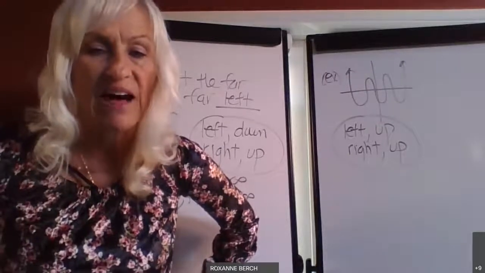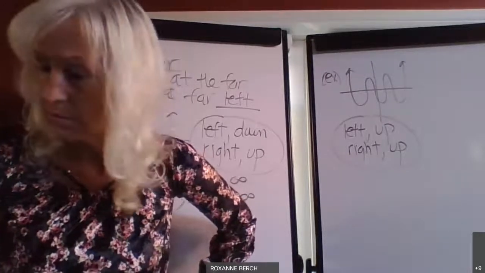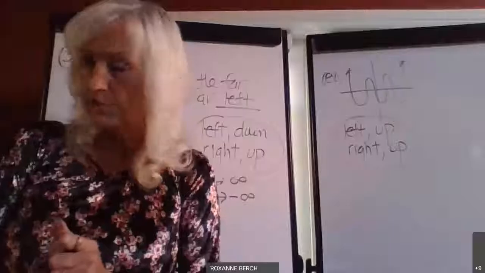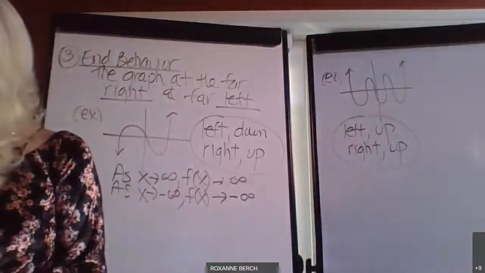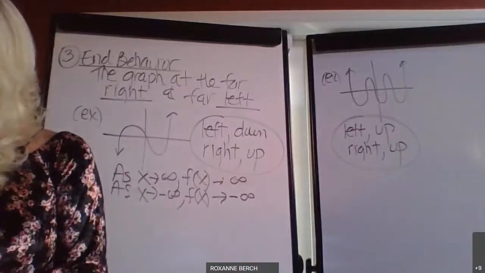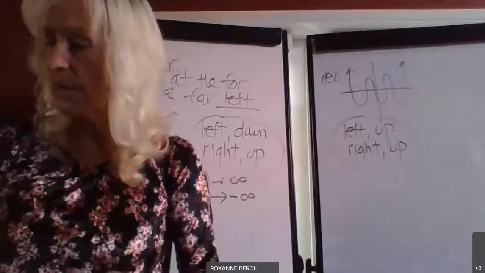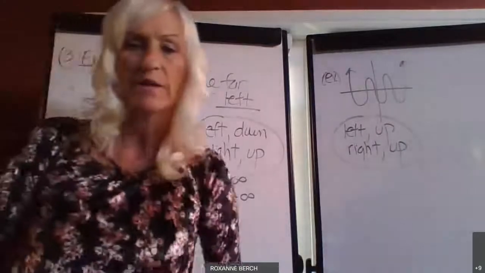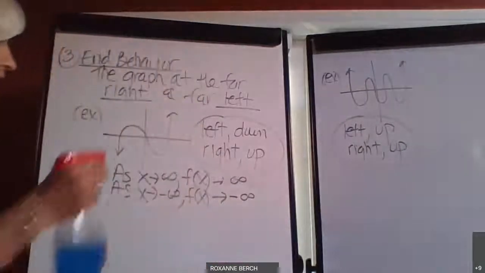What's happening on the left? Going down. Yep, what's happening on the right? Going down too. What about D? What's happening on the left? Going up. And what's happening on the right? Going down. Yep, and I'm on page 349. Those of you who are just joining, 349.